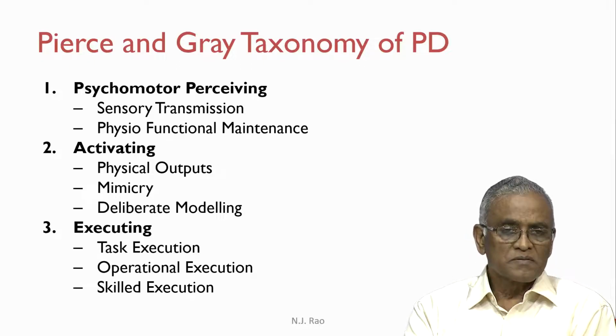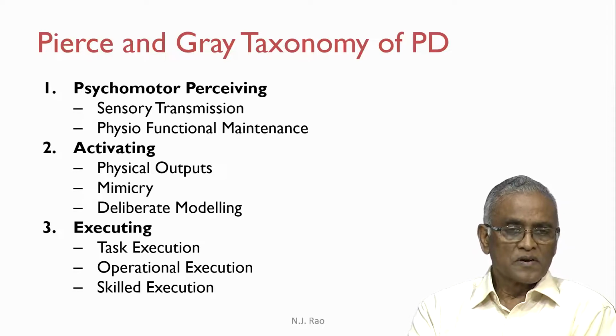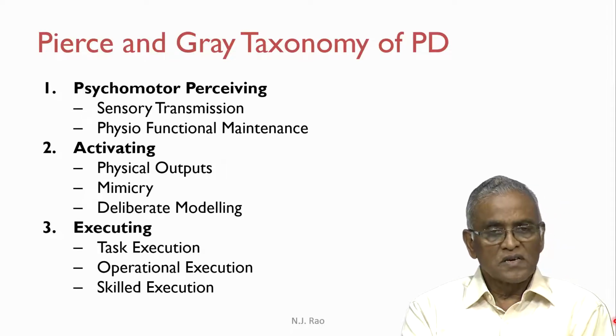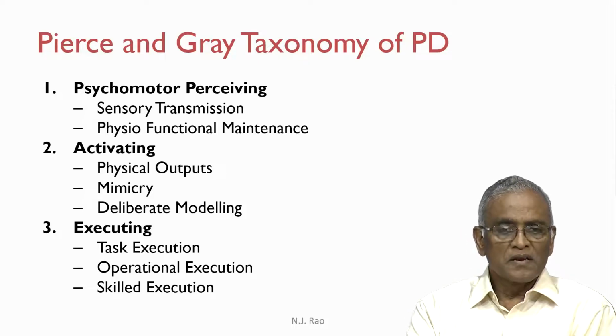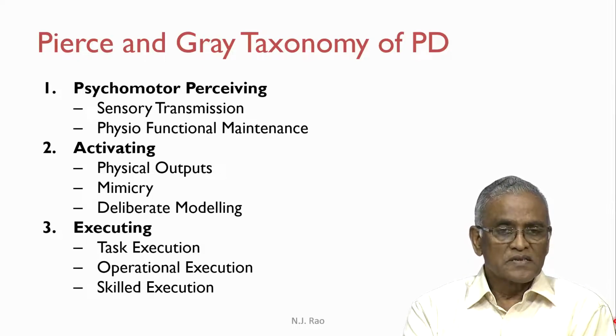Then after that practice you deliberately model your movements. Then you execute, you start executing the way you are told, you are trained, and then you start playing a game. It is operational execution, and then starts increasing the skill of your execution.